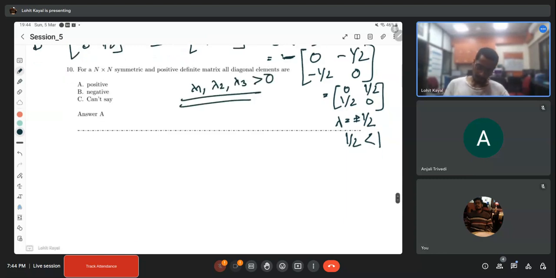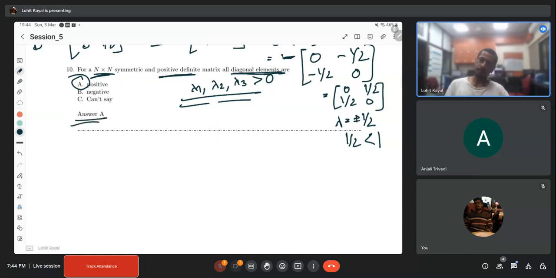You can also do it in the opposite manner. If you want to find a pivot, this is a square matrix, so obviously the pivot elements will most probably be the diagonal elements. If you want a positive definite matrix, then all those pivot elements should be greater than 0. So all diagonal elements should be greater than 0. So this is the correct answer, A, positive.